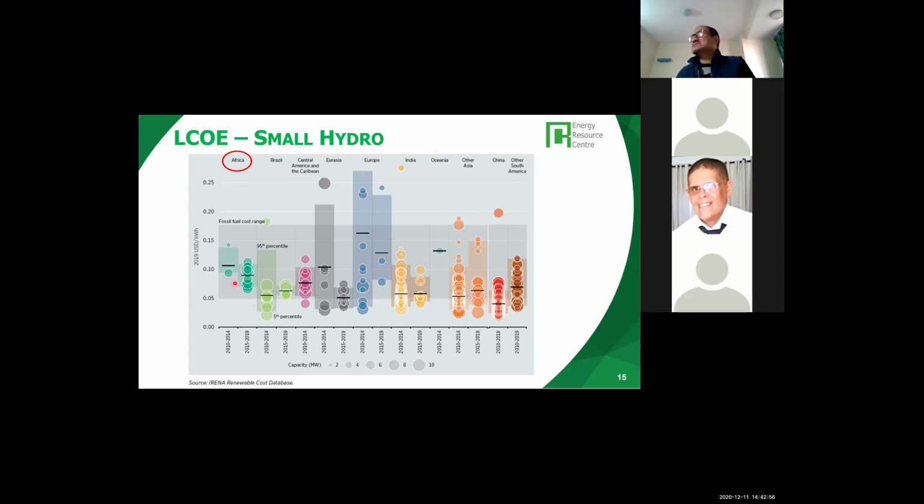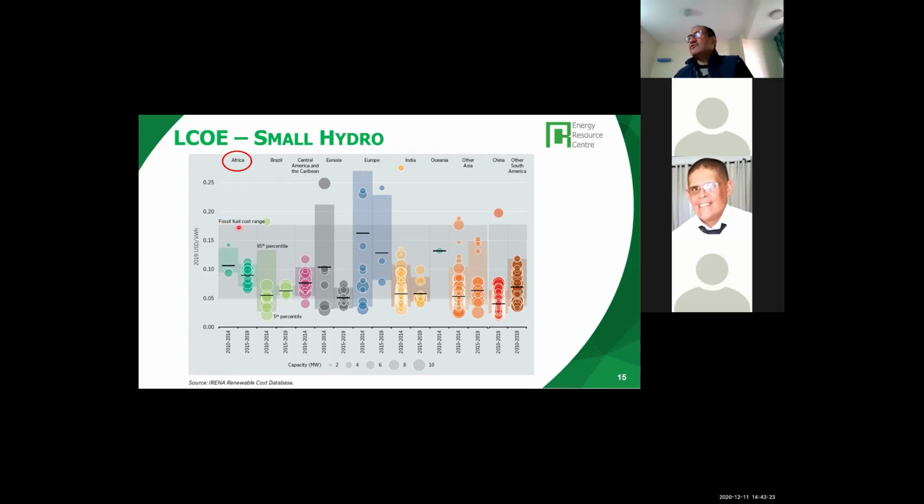So in some ways, in Africa, the levelized cost of electricity from hydro and small hydro is almost at par with Eurasia and even a little lower than Europe. Europe's standards are high, the cost of labor and of environmental and other requirements is also high.